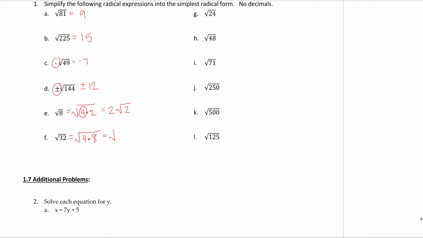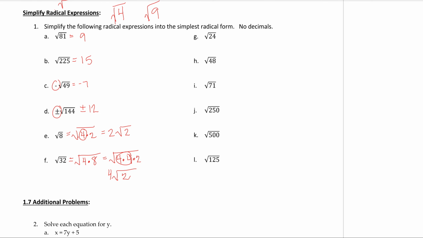So I'm going to say that that is 4 times 4 times 2. And if you've ever done these in the past, you know that if you've got two 4s there, you're going to just pull one of them out front, because that's the same as saying 16, and the square root of 16 is 4, with our 2 remaining underneath.